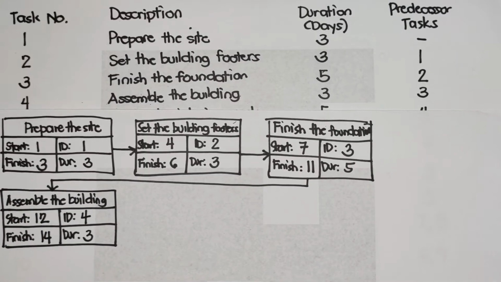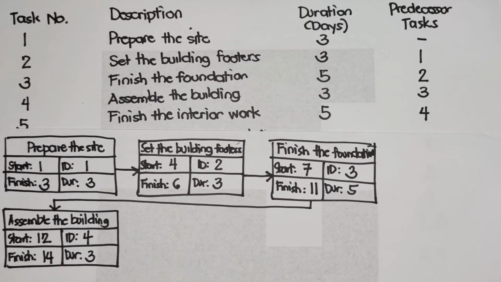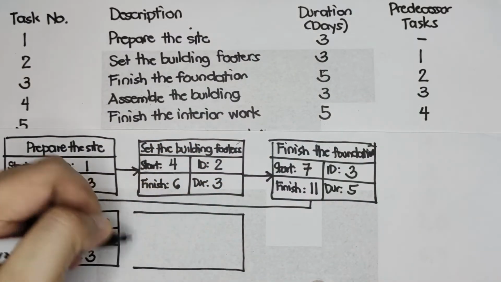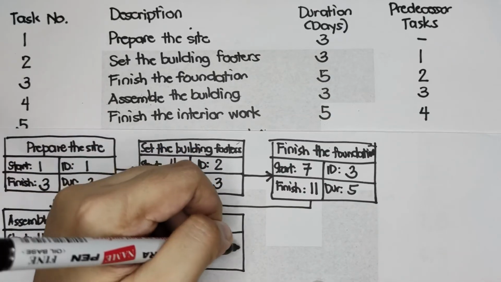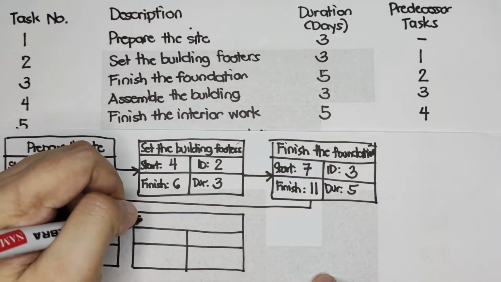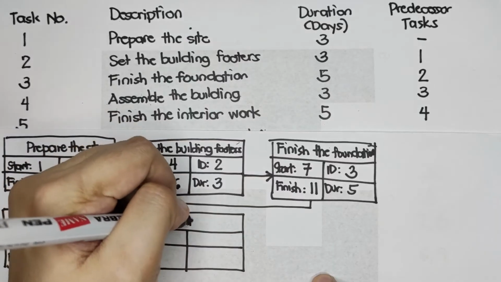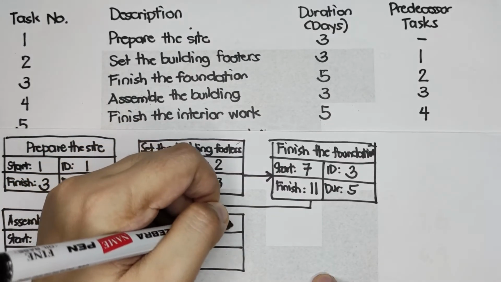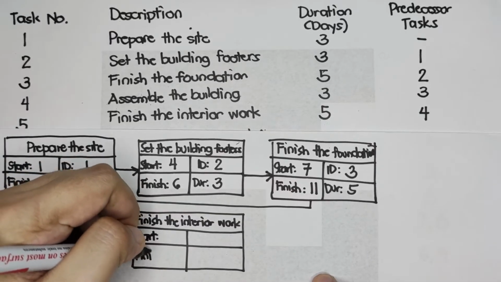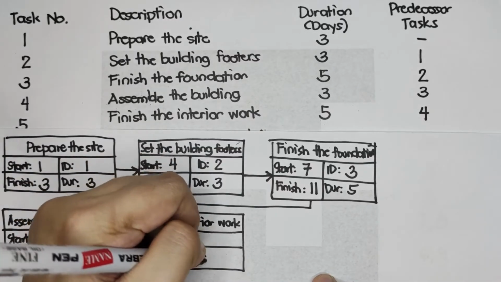Okay, so next we have task number 5. Another task box. Task number 5 is finish the interior work. Start, finish, ID, and duration.